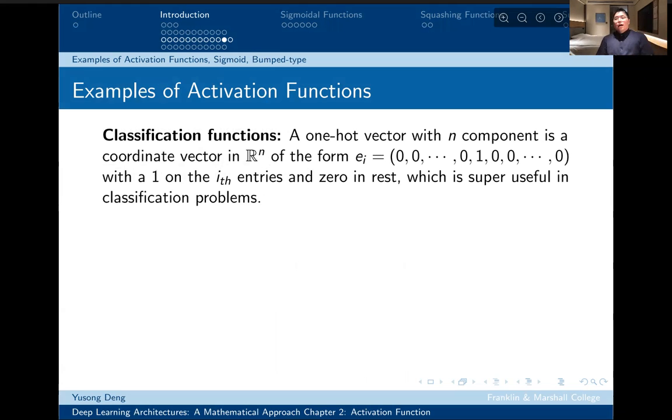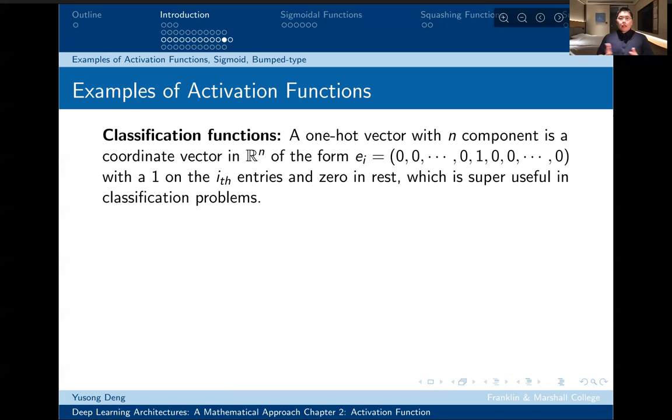So actually there are multiple ways for you to represent the information, and one way is what we call a one-hot vector, or the one-hot representation method, or one-hot encoding method.